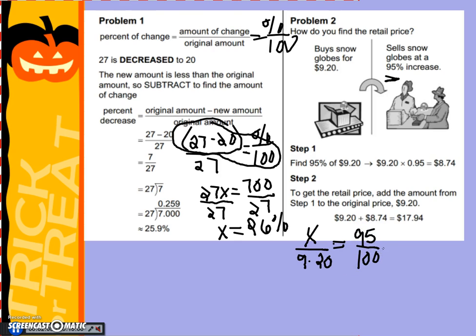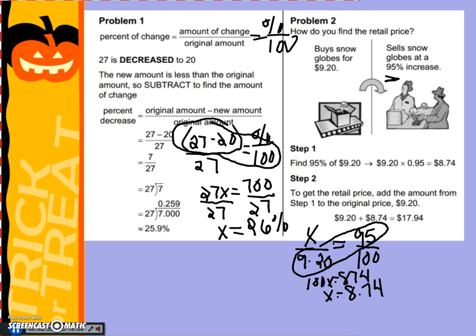You do the cross product rule. So you do 920 times 95. And you're going to get 874. And then 874 divided by 100 will get me $8.74.